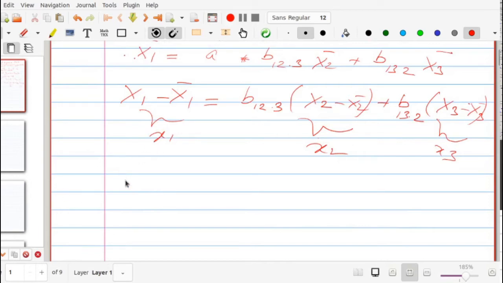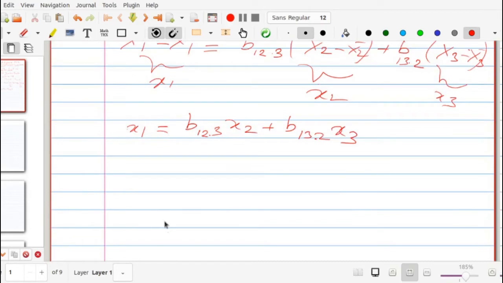So if we take this as small x1, the equation translates to x1 is equal to b12.3 x2 plus b13.2 x3. You'll be wondering why I'm showing all these things, so just have patience. You'll understand why it is important to understand what we are doing.